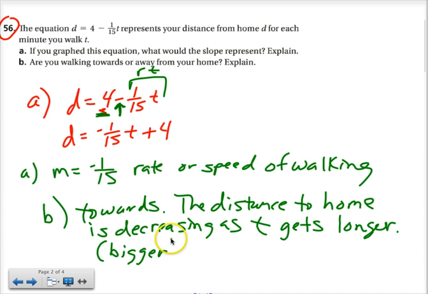So with the passing of more time, what's really happening is you're going farther, and the distance is shortening and getting closer and closer to 0. So that's the reason that we know we're going towards.